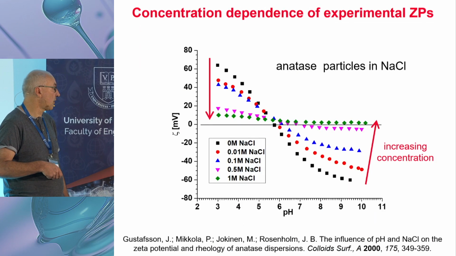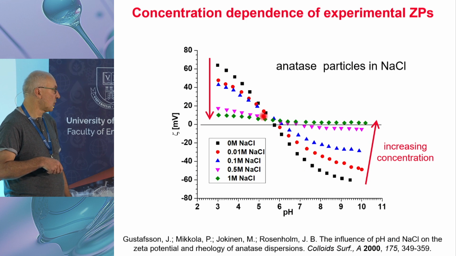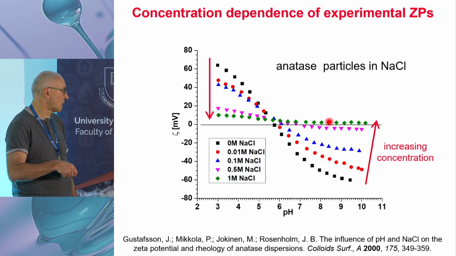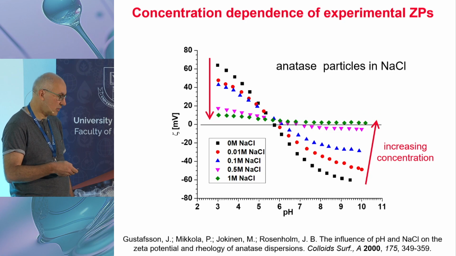First of all, we were lucky to find experimental data, because most titrations are done at a really small concentration of salt, but there is acoustophoresis, which can go to basically molar concentration. So there are also experimental data which see that the zeta potential at high concentrations, like we used in our simulations, can stay positive throughout the pH range.